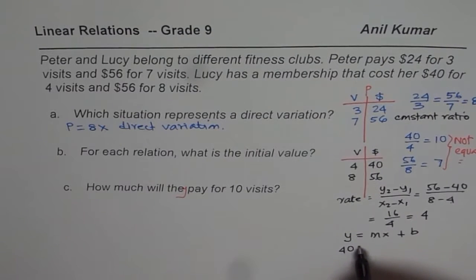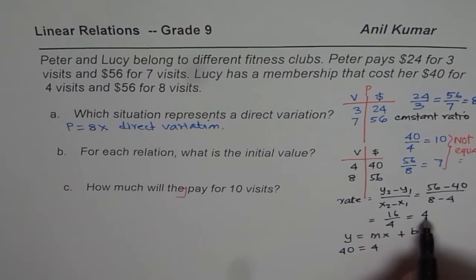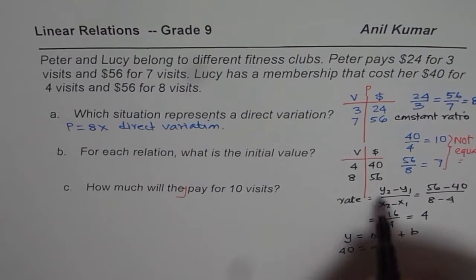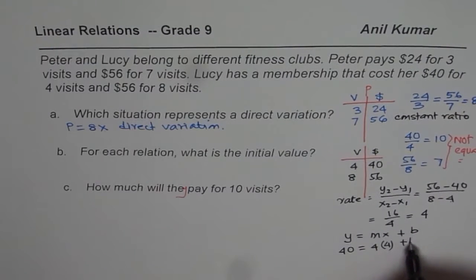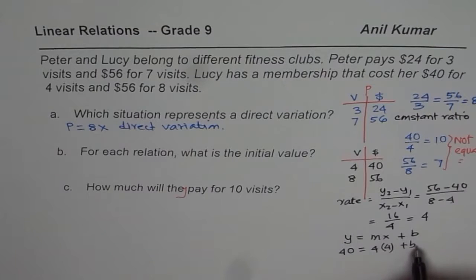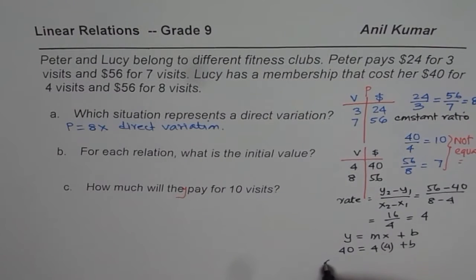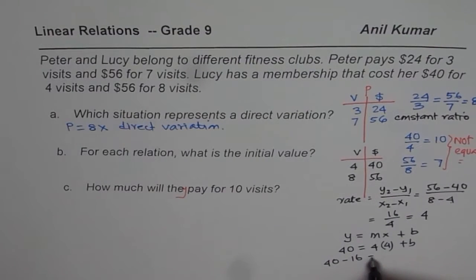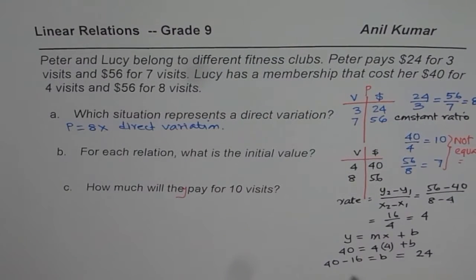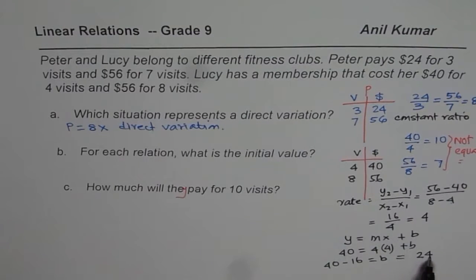So 40 equals 4 times 4 plus b, and to find b, the initial amount, 40 minus 16 is 24. Do you get the idea? So the initial amount is $24.